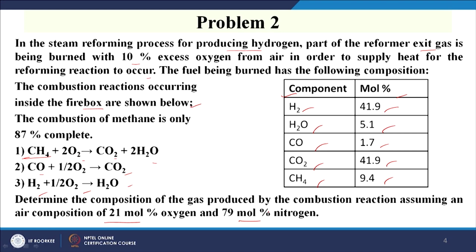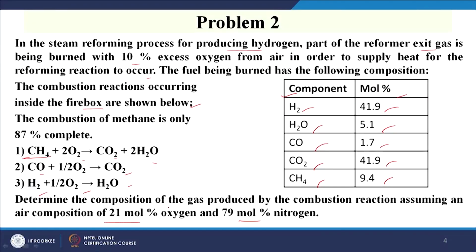So, in this problem what we have to do? We have to determine the composition of the gas produced by the combustion reaction in the outside of the reforming tube.